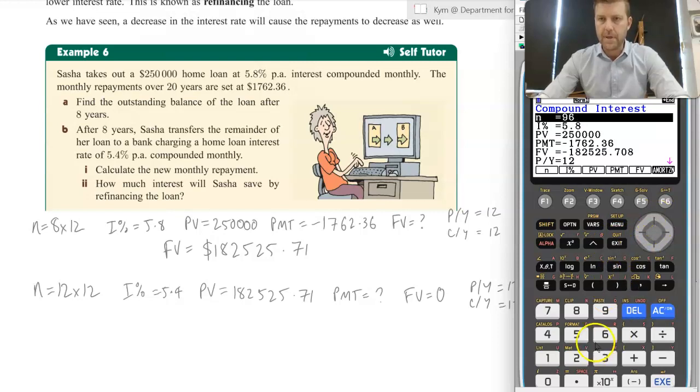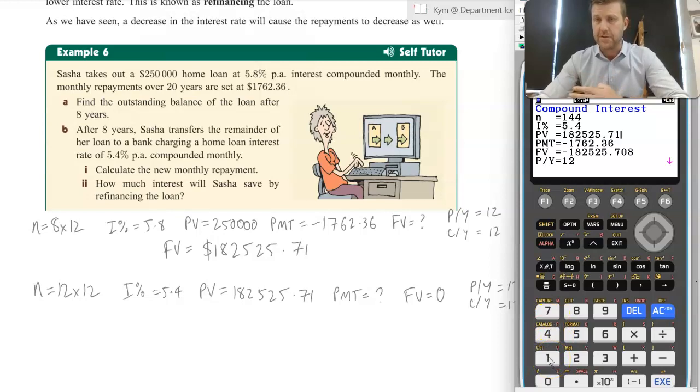So based on that, in our graphics calculator, let's look at working out PMT with all that. So N is now 12 times 12, or 144. Interest rate is now 5.4%, the new bank. The present value is the amount that we're rolling into that new account, so $182,525.71. That is a positive value still, because we're talking about borrowing at the moment. We want to work out what the PMT is going to be, so let's just set that as 0 for now. We want to pay it off completely, so the future value will also be 0.